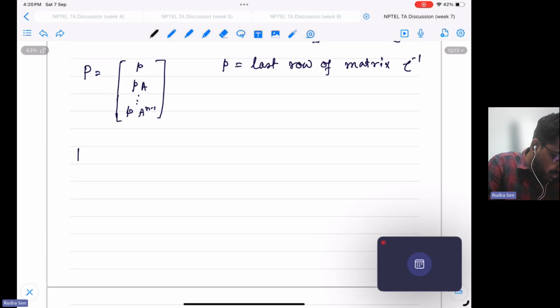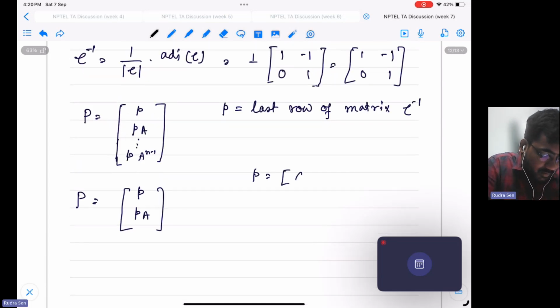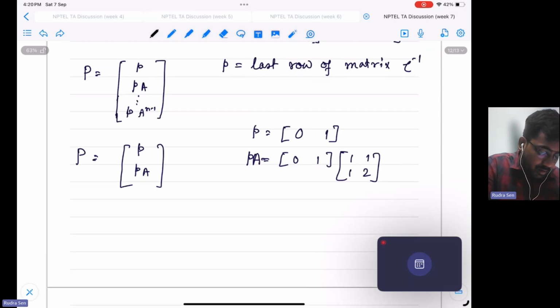So our P matrix will become P and PA. P for our case is [0 1], and PA will be [0 1] multiplied with A. I will get only the last row, 1, 2, right?